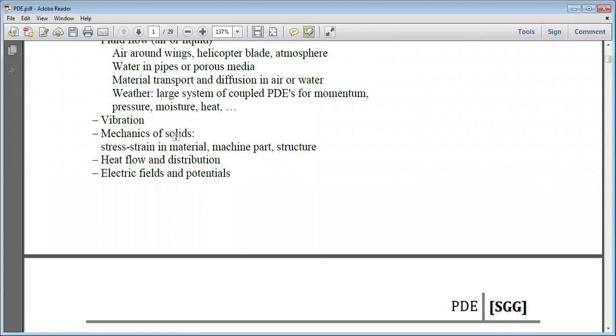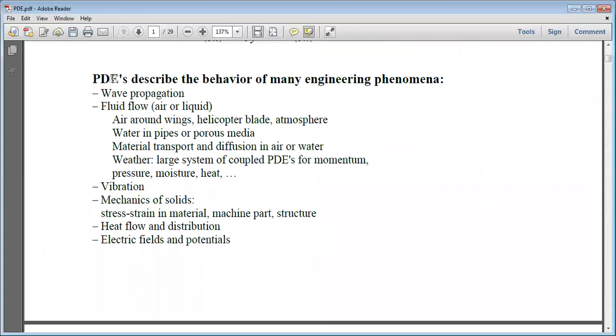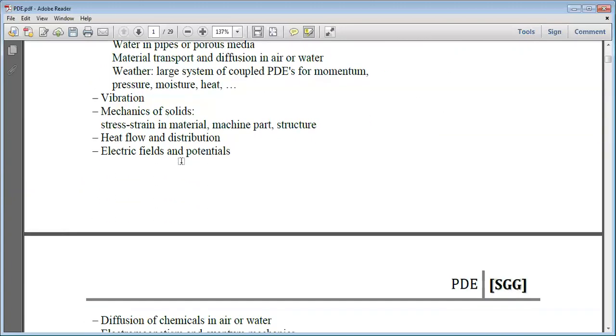So these are the fields where partial differential equations are involved. We have to solve partial differential equations to solve these different phenomena in the field of engineering.